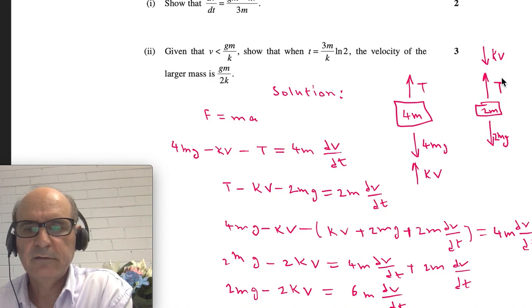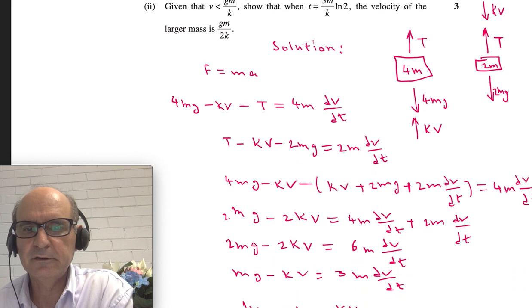Now again we start with the force causing the acceleration, which is T, minus the forces opposing that, which are kv and 2mg. So T minus kv minus 2mg equals its mass 2m times its acceleration dv/dt.